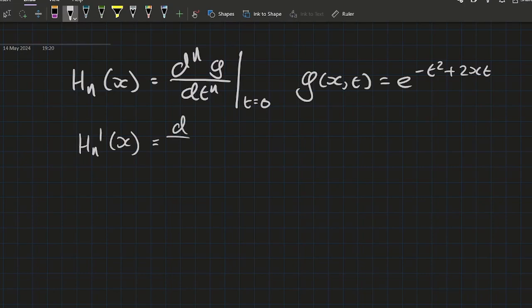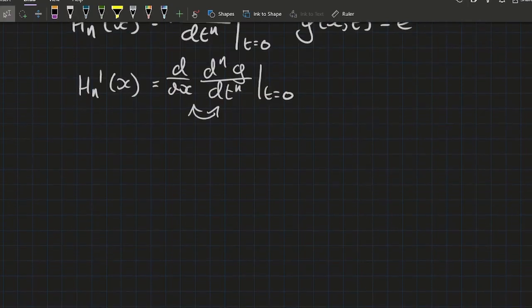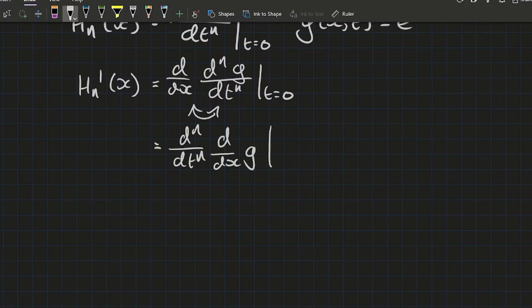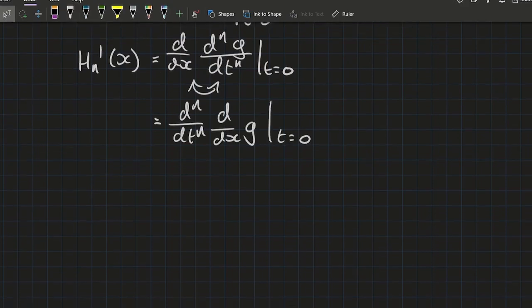So the first derivative with respect to x of the nth Hermite polynomial will simply be the derivative with respect to x of our expression on the right hand side, evaluated at t equals 0. And what we can do is change the order of derivatives here, and that should leave our answer unchanged. So that's going to be equal to d^n/dt^n of dg/dx, evaluated at t equals 0.